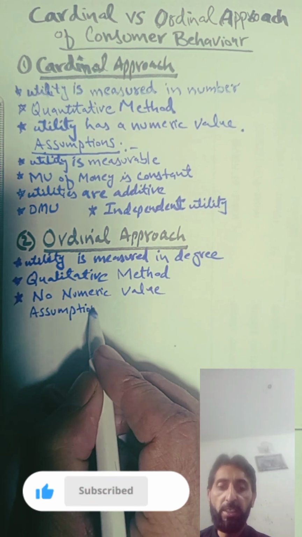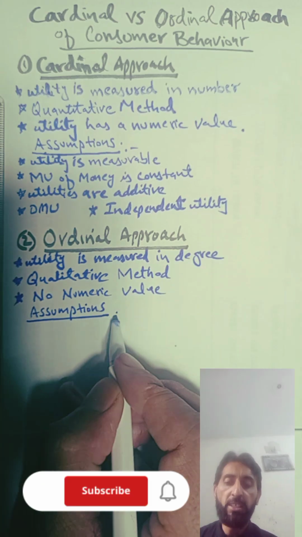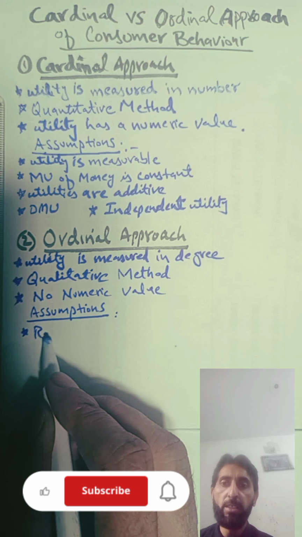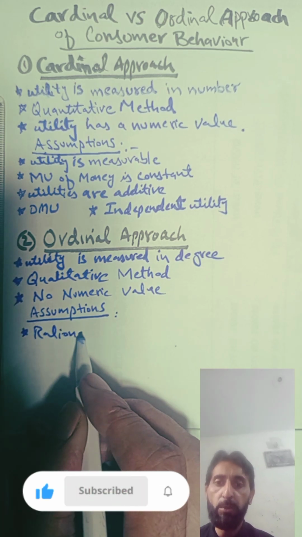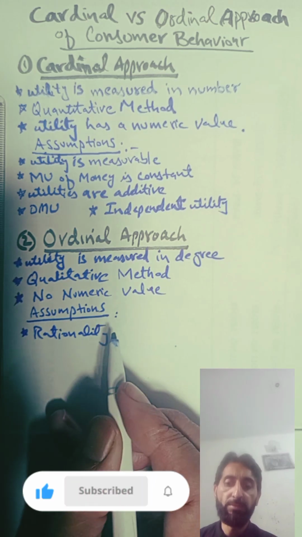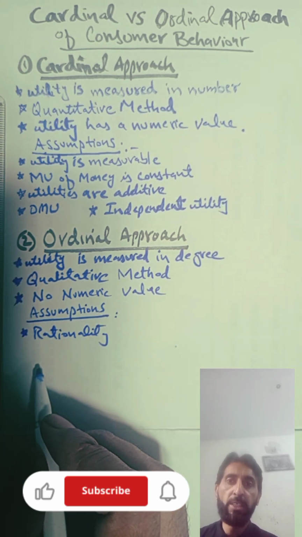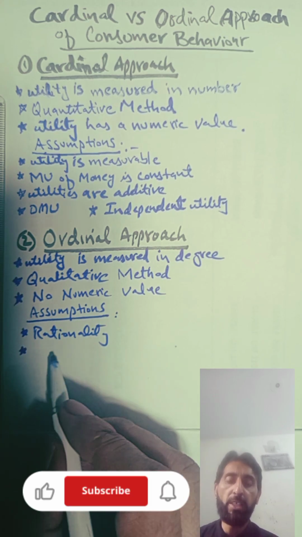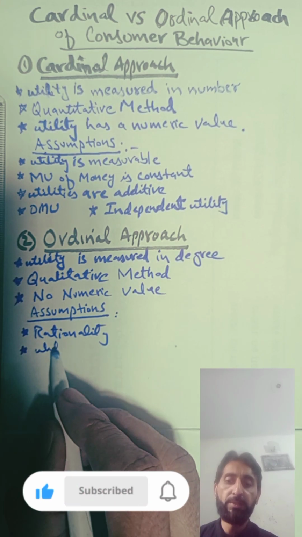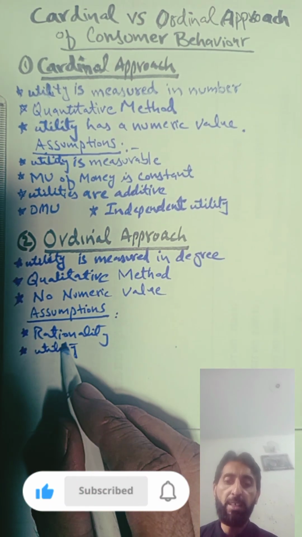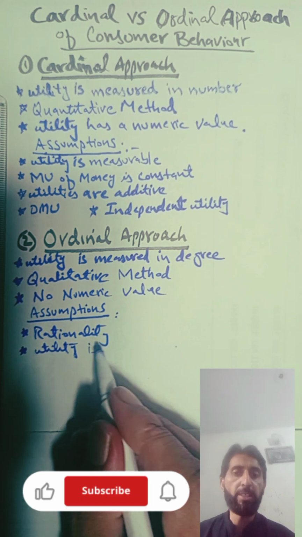Consumer is rational in making decisions about their expenditure on consumer goods. Number two, utility is ordinal. Utility cannot be measured cardinally. It can, however, be expressed ordinally in the shape of ranks or groups or classes.